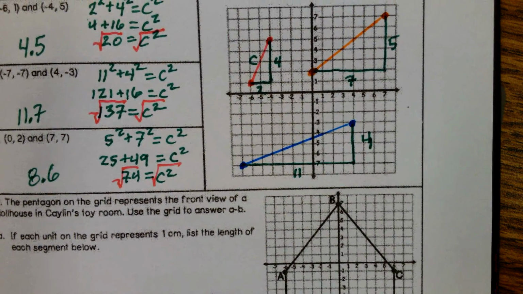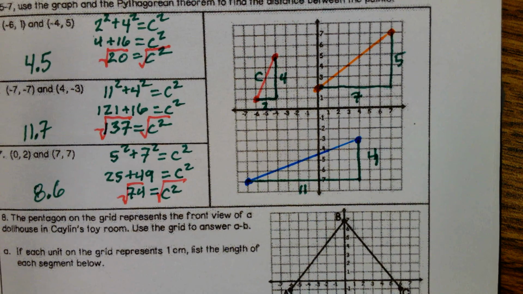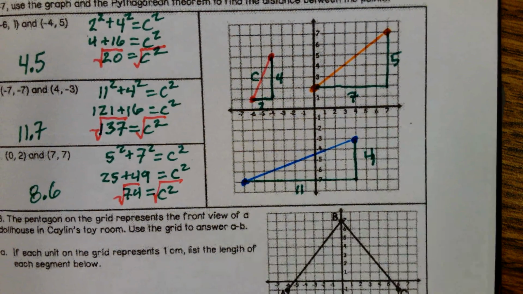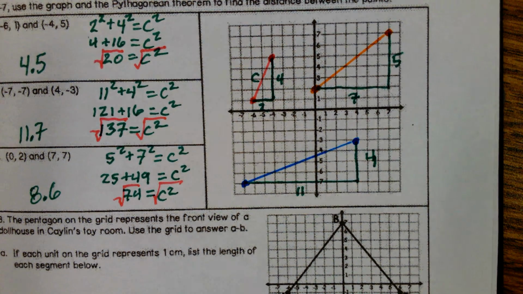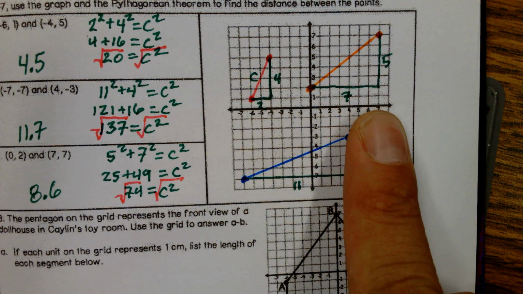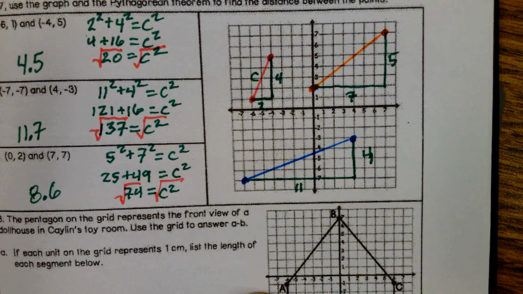So hopefully this is what you got. This one here. So I got one side was 7, one side was 5. 5 squared plus 7 squared is c squared.